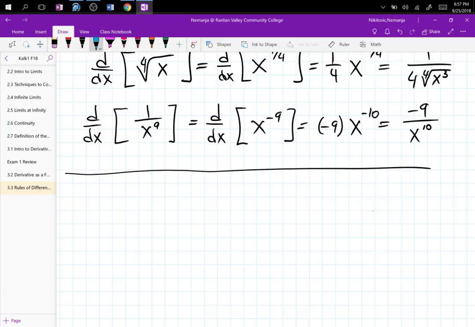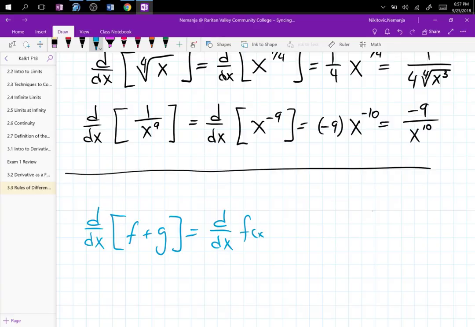So these are the properties in some sense. The derivative of a sum of two functions is the sum of the individual derivatives of these functions.